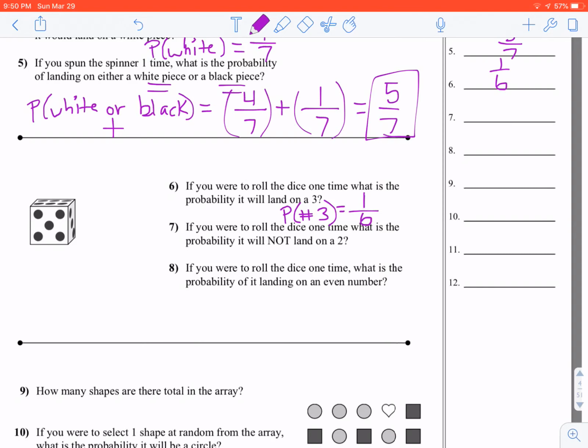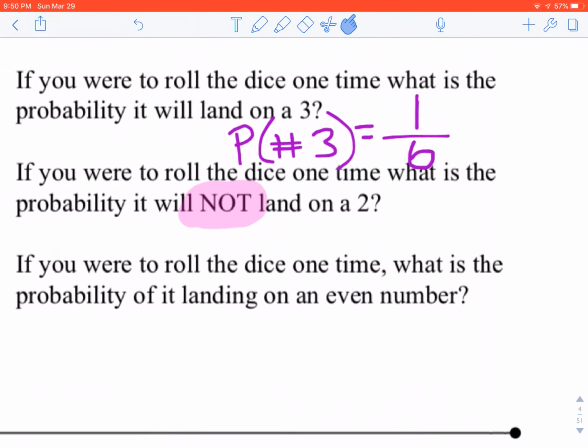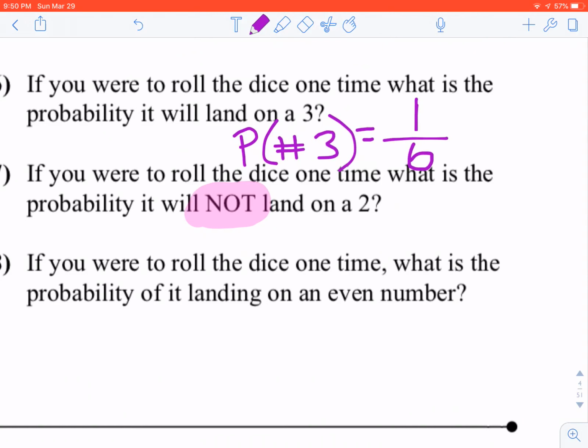If you think back to our introduction here, you want to always think about what are the chances that this actually could occur. Number 7, if you were to roll the dice one time, what is the probability that it is not going to land on a 2? So pay attention to that keyword not. We're still finding our favorable over total, but now we're dealing with the probability that it's not going to be a number 2.